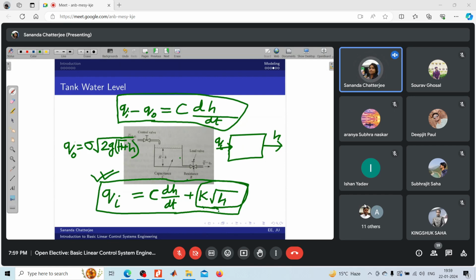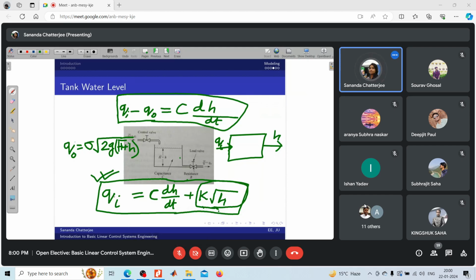But whether this differential equation is linear in nature? No, it is not linear in nature because of the term root H. Okay, so what are the things we have to see in a mathematical model? First, we see whether the equation representing it is an algebraic equation or a differential equation.